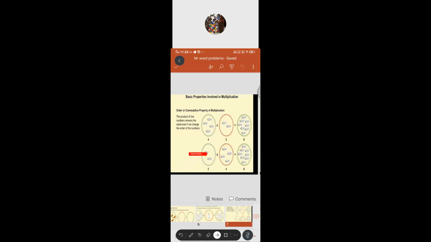If you change here, is there any change in the product? No. The product will be the same. That means the product of two numbers remains the same even if we change the order of the numbers. Got it? That shows the order property.